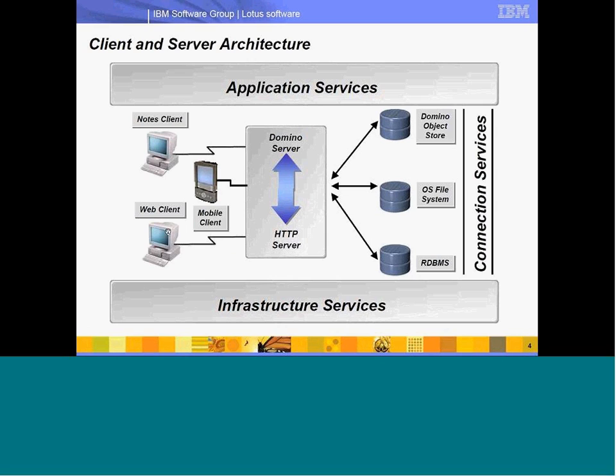So that is called your web client. Apart from that, we have a mobile client. Mobile client is nothing but your BlackBerry or your iPhone or a smartphone where you can access your mails from the Domino server. So this is the basic architecture of your Domino server and client. Is it clear?